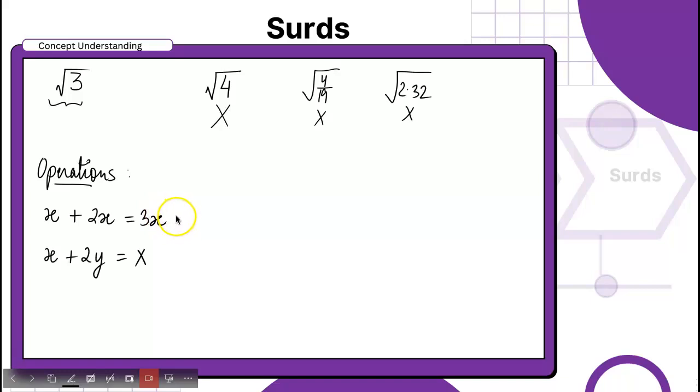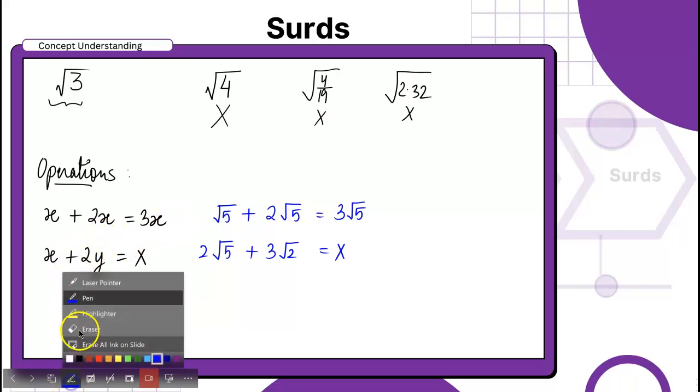If you have like surds, for example root 5 plus 2 root 5, that gives us 3 root 5, correct? But if you have 2 root 5 plus 3 root 2, we can't solve it more. It is the final answer.